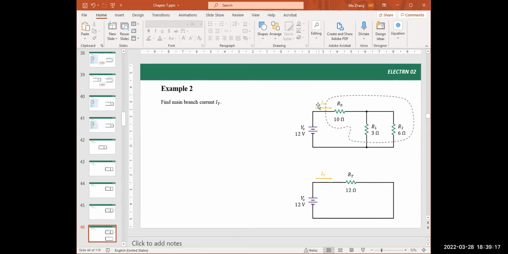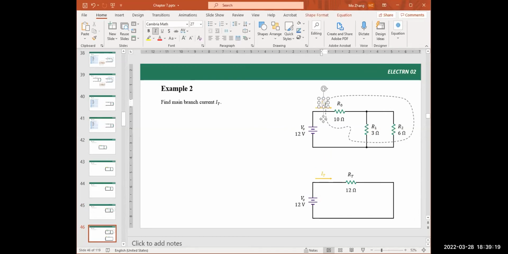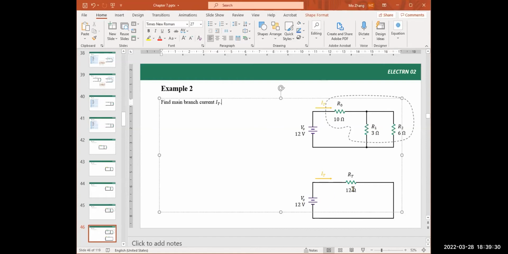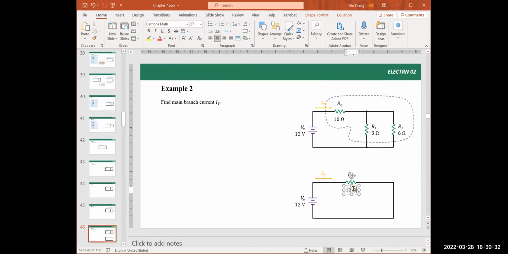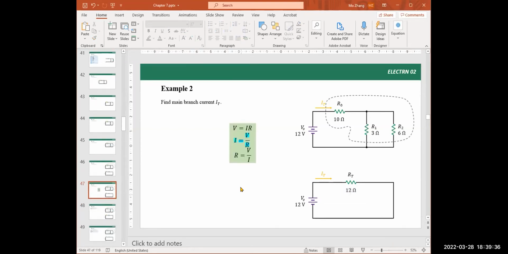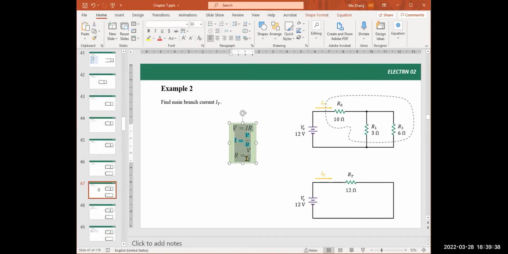So if we need to find the current going into the entire system, we can use the new circuit with Ohm's law. A new circuit has only 1 source and then 1 resistor. So we can apply Ohm's law to find the current IT. And that's easy. Just a reminder, we have 3 Ohm's law formulas.